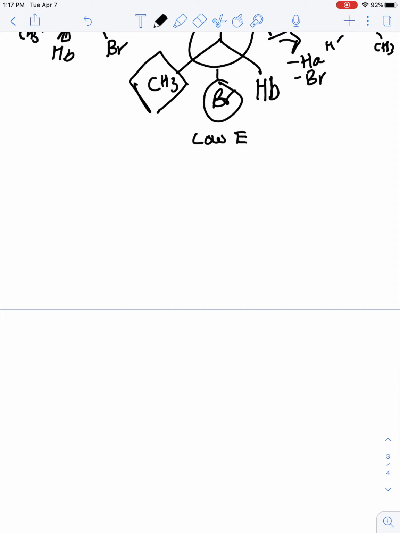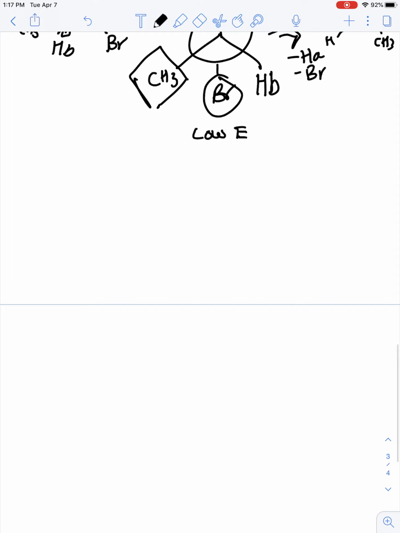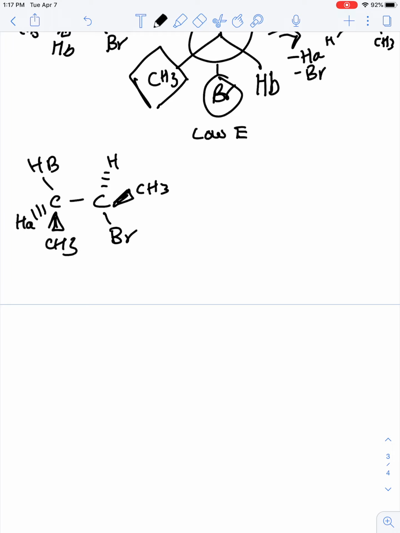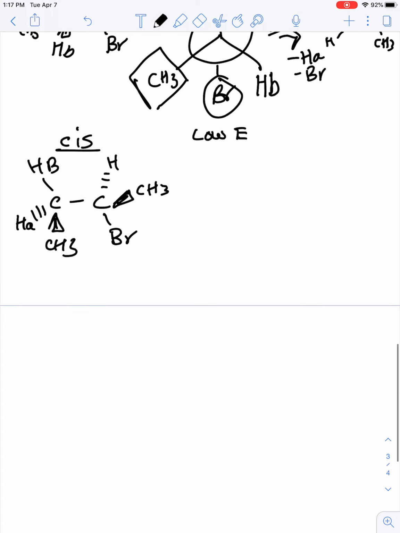When we look at the cis product, what happens is we're going to have something that looks like this. Now we're going to be looking down at HB and Br. So we're really just rotating that bond or that Newman projection, whichever way you would like to do it. So again, this is for our cis product.